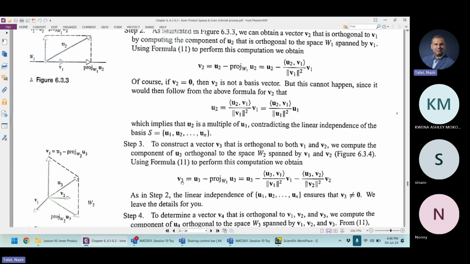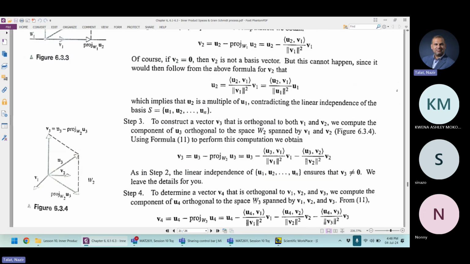And interestingly, this V3 is orthogonal to V1 and V2. It means the inner product of V1 with V2 is 0, the inner product of V1 with V3 is 0, the inner product of V2 and V3 is also 0. And in this way, we can combine all of that and we will get V1, V2, V3.